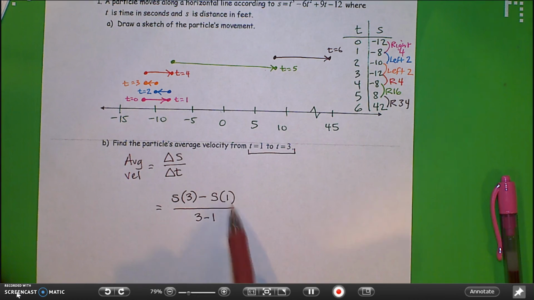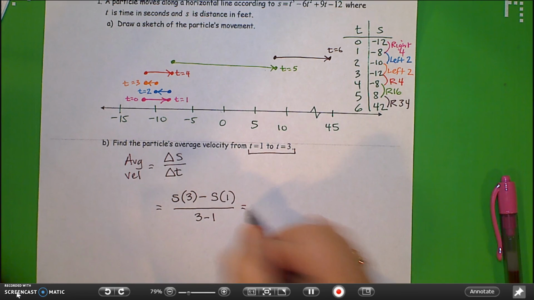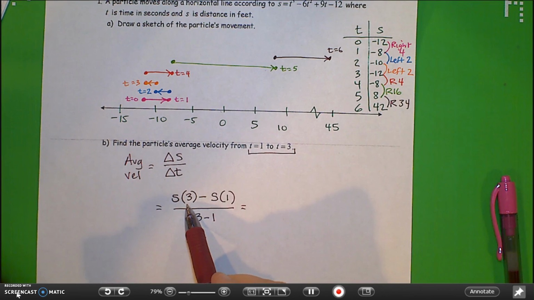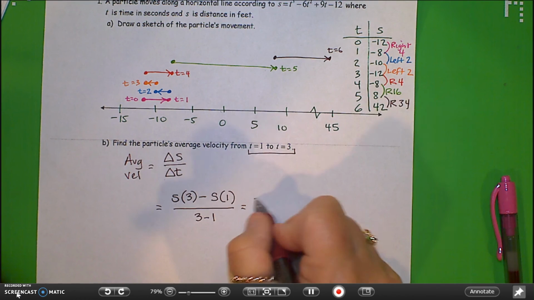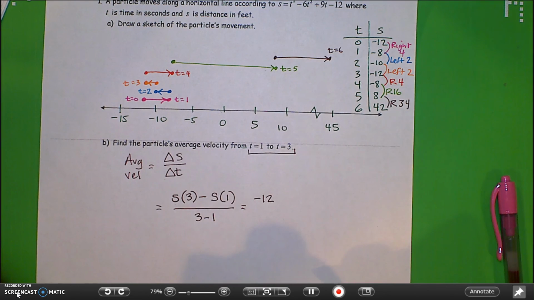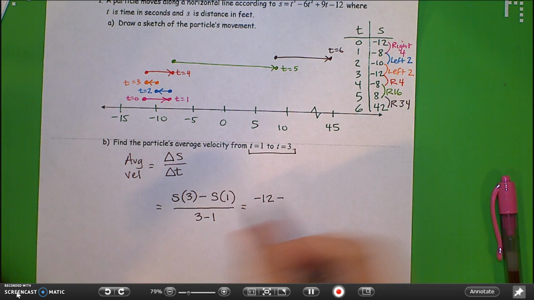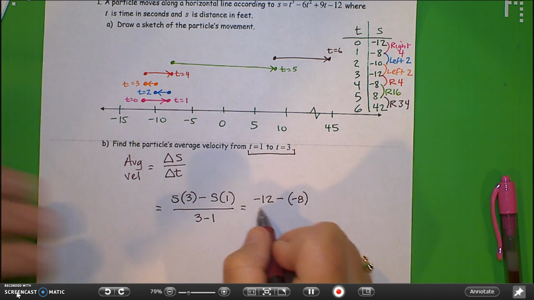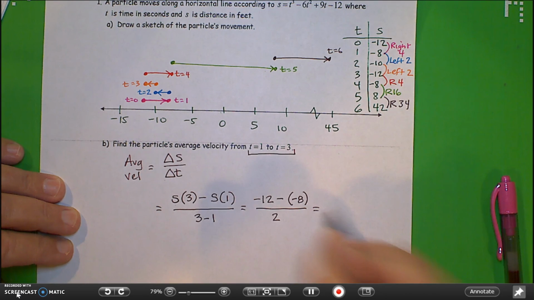It's the slope of a secant line between 2 points. So I'm going to use my table right here. The position at 3 seconds was negative 12 units to the left of our origin. We're going to subtract the position at 1, which was minus 8. All that's going to be over 2.